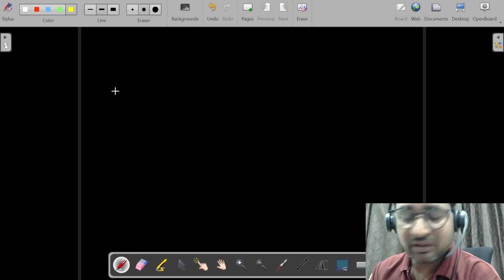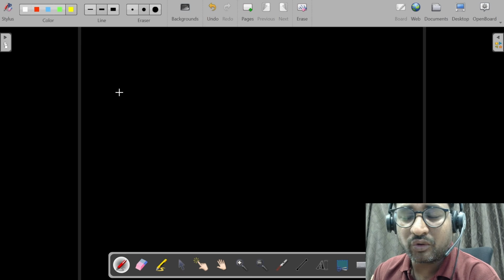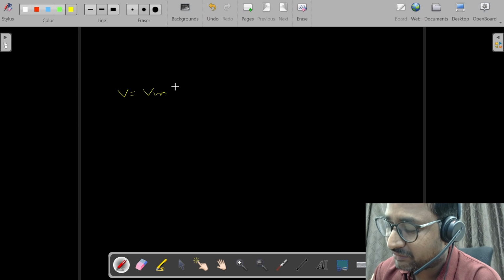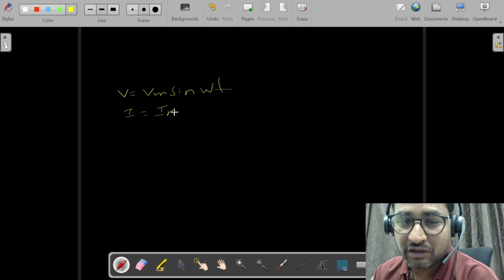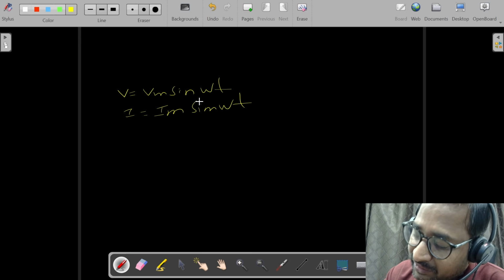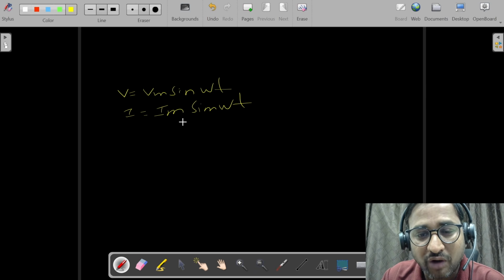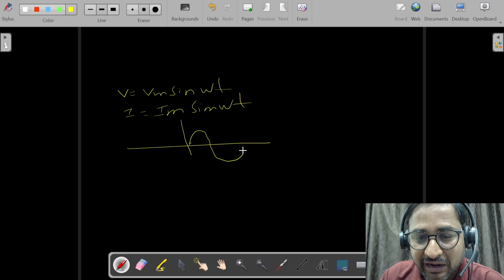For example, I am taking an ideal sinusoid where there is no harmonic frequency. V is equal to Vm sin omega t, for which the produced current is I is equal to Im sin omega t. This is an ideal sinusoid.